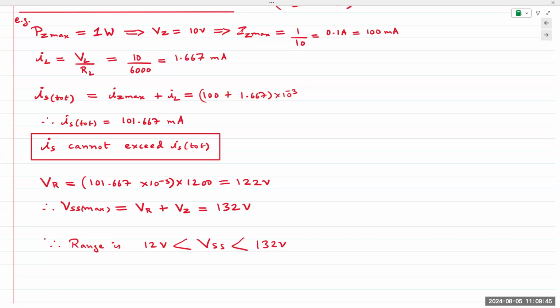Anyway, think on the steps, and we work backwards from the power rating of the Zener diode. Make sense? Another way of looking at this is, instead of looking at the power rating, maybe voltage is given, or maybe current is given. Then you can figure out what the maximum power required would be for that Zener.